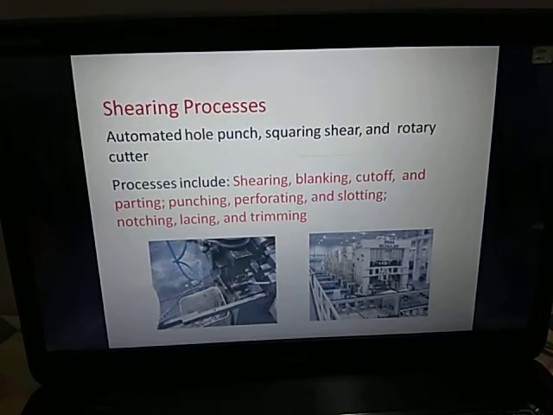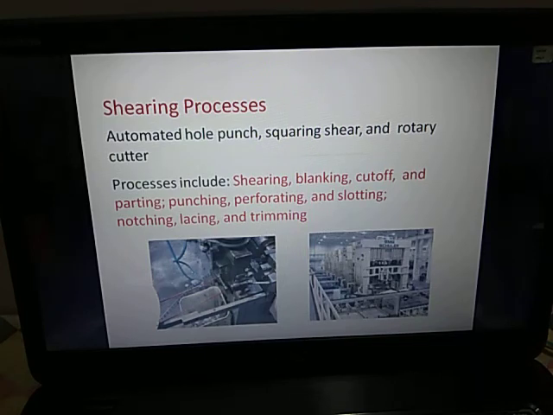All students, today we start the next method of basic manufacturing processes, which is nothing but the shearing process. The shearing process is also known as die cutting. It is a process which cuts stock without the formation of chips.